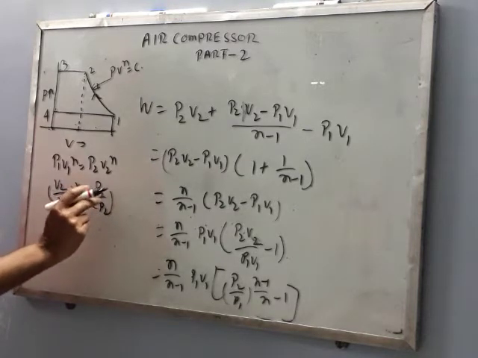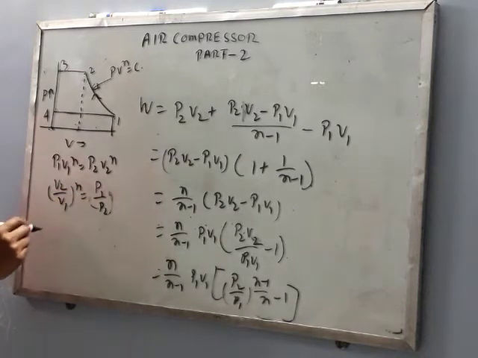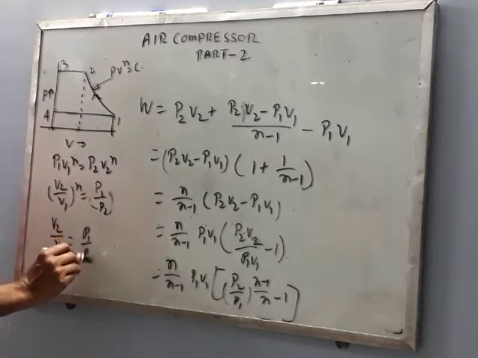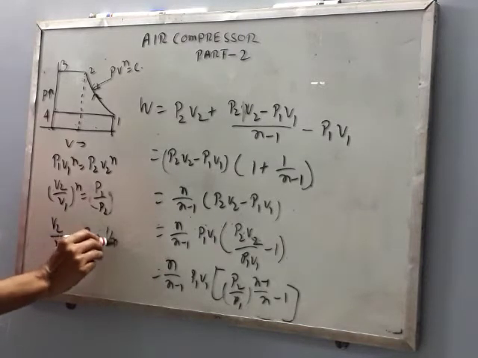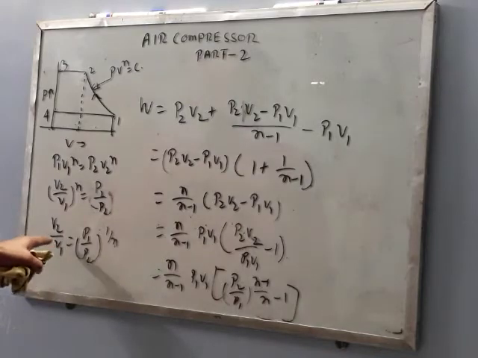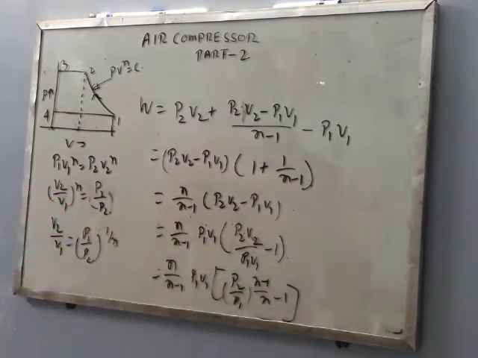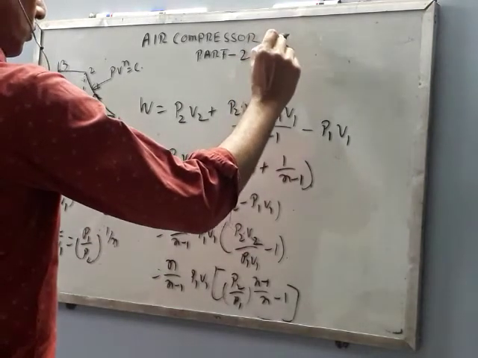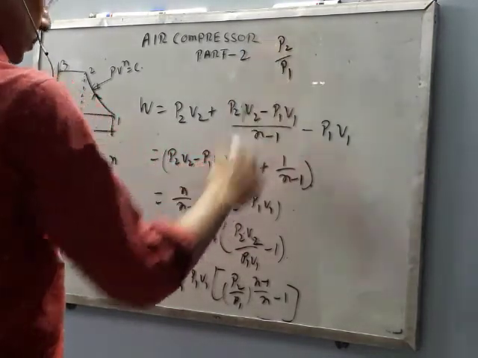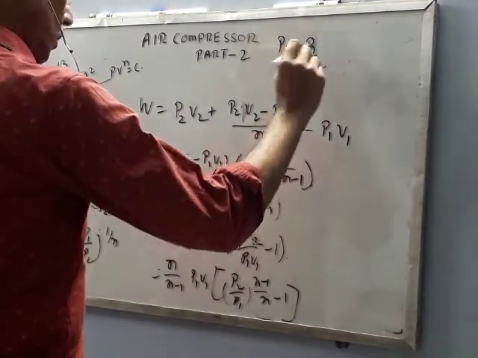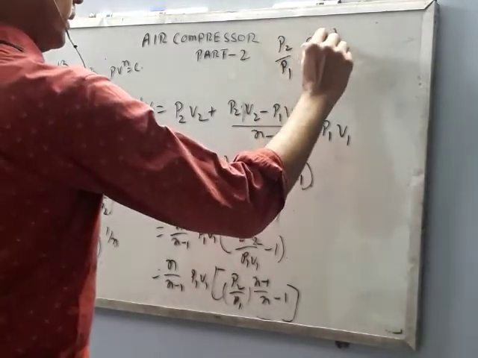So V2 by V1 is equal to P1 by P2 to the power 1 upon n. Now we put the value of V2 by V1 here. So in case of V2 by V1, it is P1 by P2 to the power 1 by n.